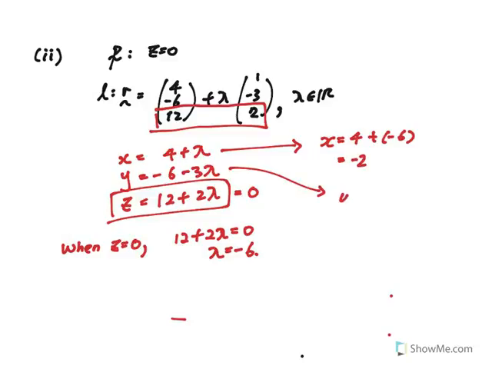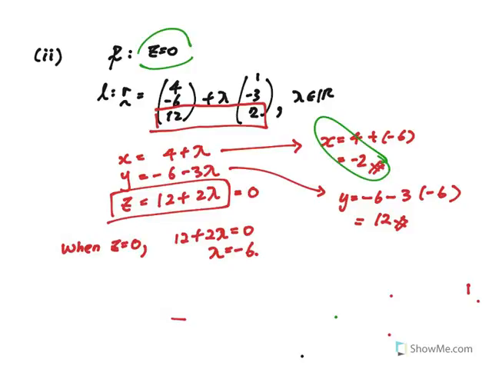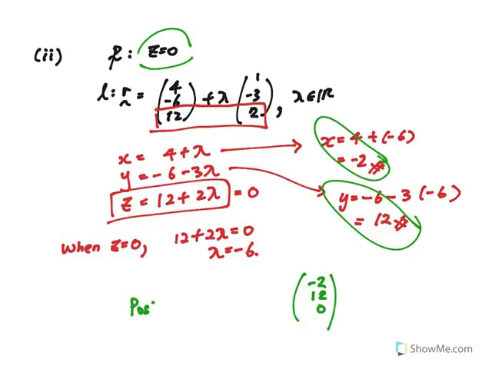Over here, y is equal to negative 6 minus 3 times negative 6, which gives us 12. Combining your answers: z equals 0, x equals negative 2, y equals 12. The position vector of the point is none other than (-2, 12, 0). So this is the position vector of the point of intersection.